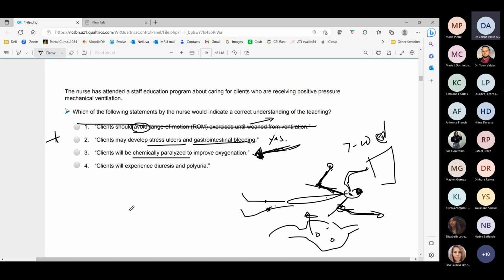Professor, yes, I have a question. Sure. How would chemically paralyzing the patient improve oxygenation? No, paralyzing to improve it is wrong. But I just wanted you to understand that when you paralyze the client, the client is not breathing, so that makes no sense at all.